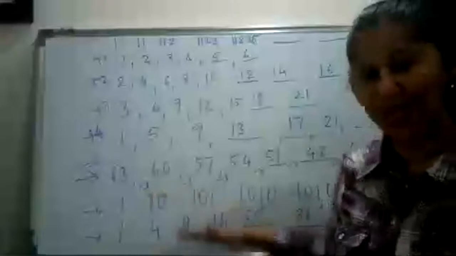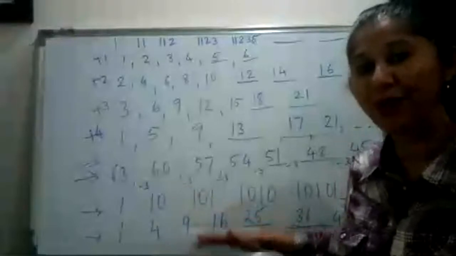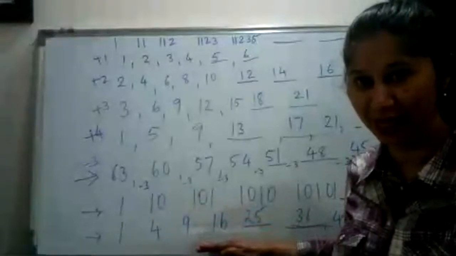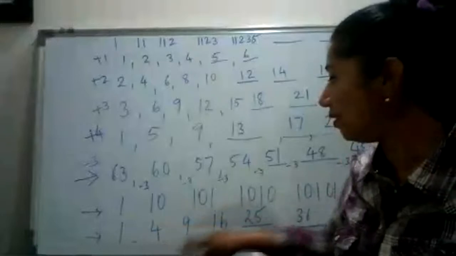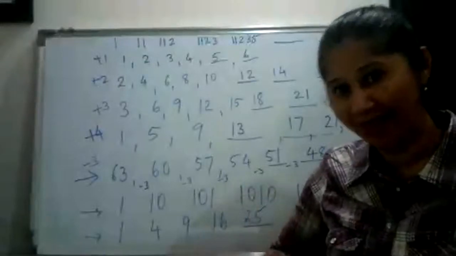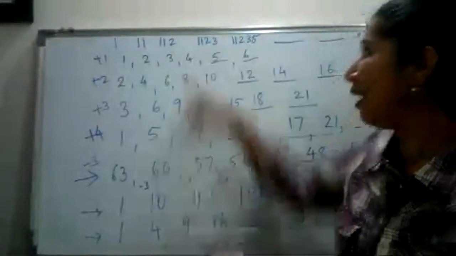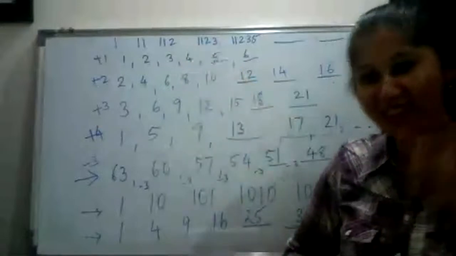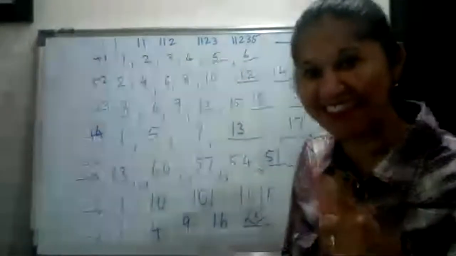Actually, it is a pattern of squares of numbers I'm listing out. But if I ask for some common relationship between two numbers, you will not find any. Am I right?